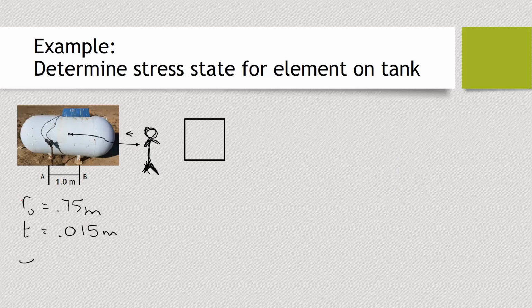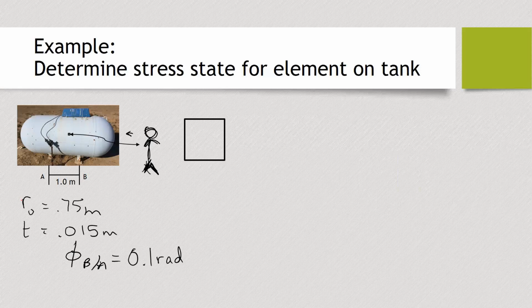So we'll say that the rotation of B with respect to A is 0.1 radians. And we want to determine the complete stress state for this element that we've drawn on the exterior of the tank.